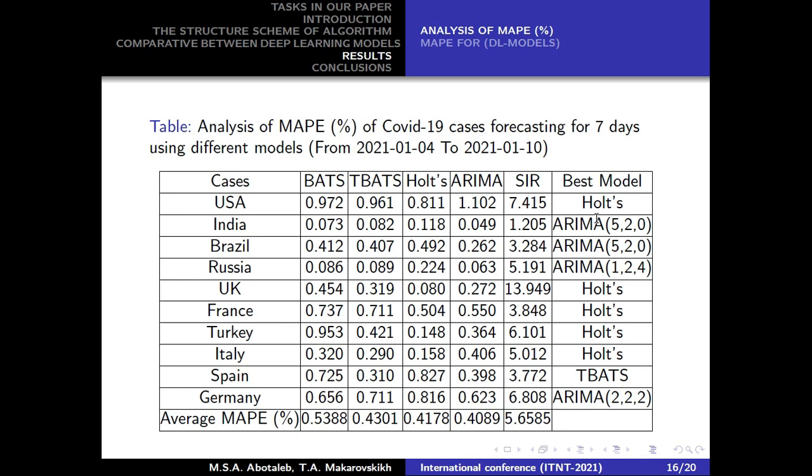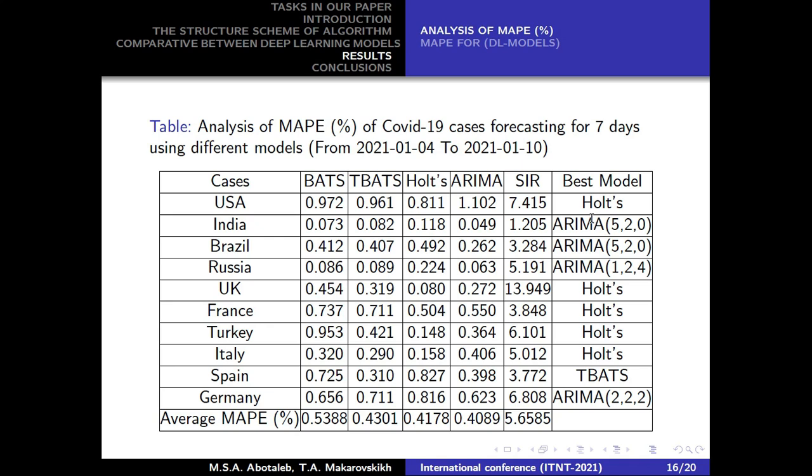Results. That's the result of the analysis of mean absolute error percentage of COVID-19 cases forecasting for testing the last 7 days using different models in the top 10 countries affected by COVID-19.